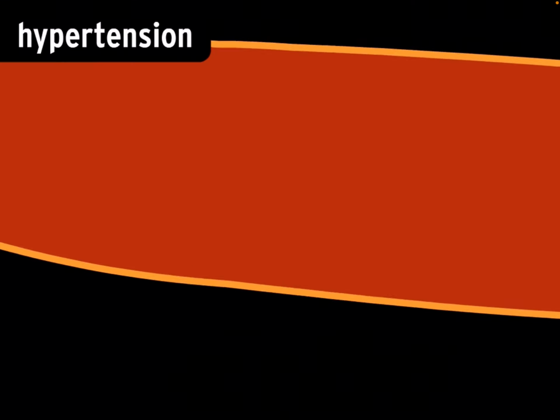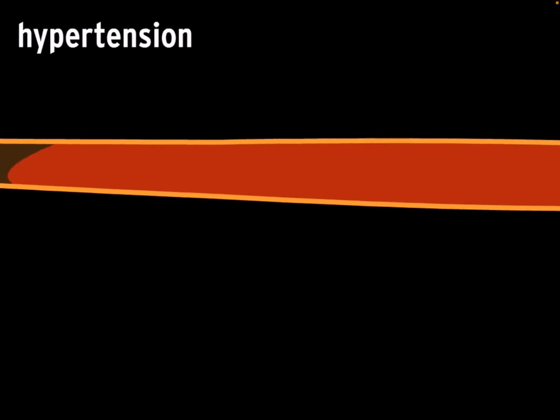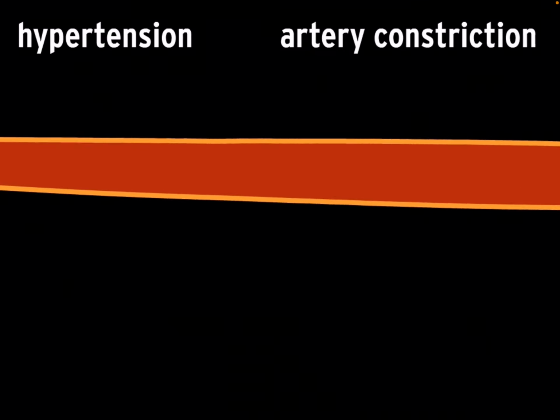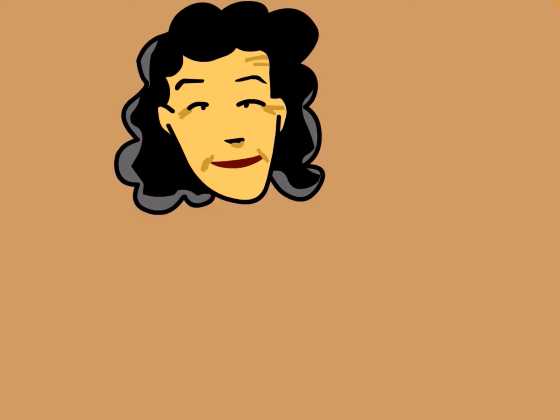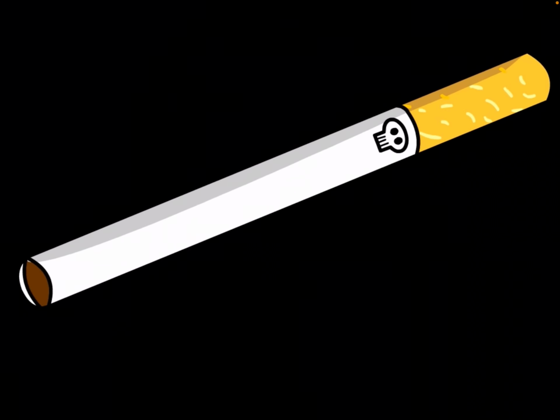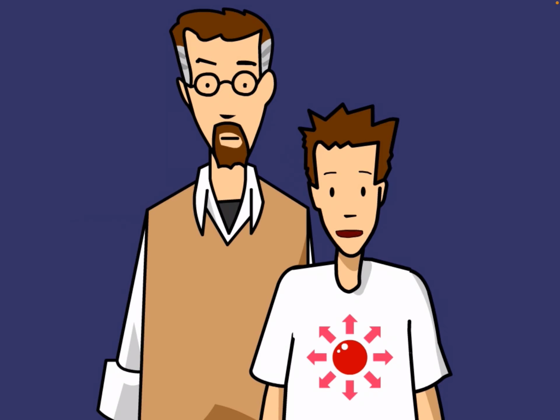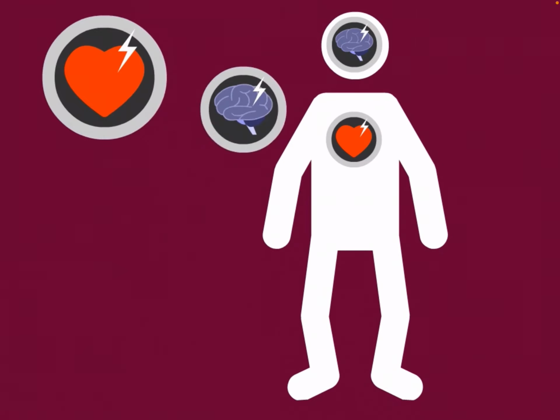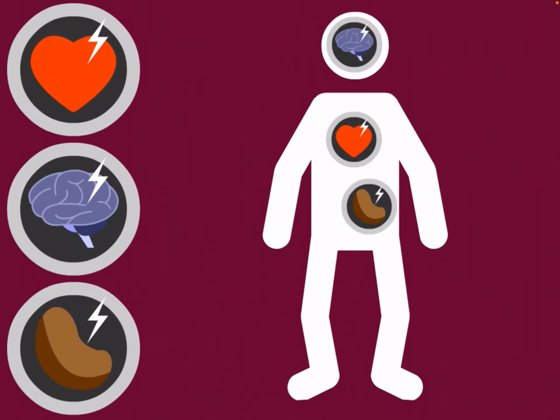When the arteries narrow or constrict, it takes more effort to pump blood through. Artery constriction and hypertension can happen for several reasons. Getting older, being overweight, or smoking. And high blood pressure can also be hereditary. Hypertension can lead to serious problems like heart disease, strokes, and kidney failure.